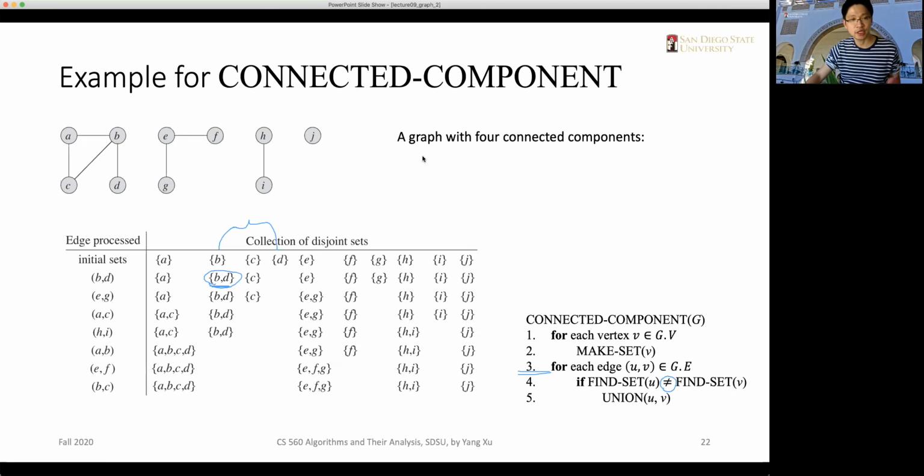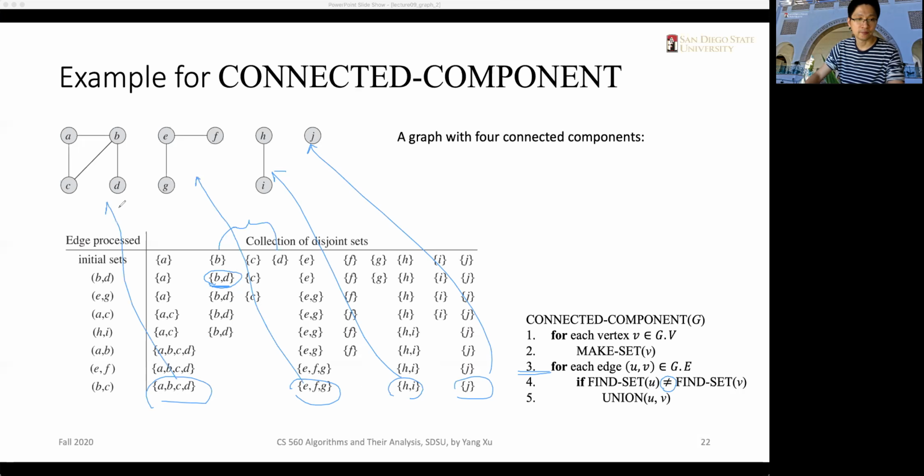Okay, and nothing changed. So that is the result of the connected components, and as you can easily find, it reflects the connected components in the original graph. So one connected component is stored in a set, right?